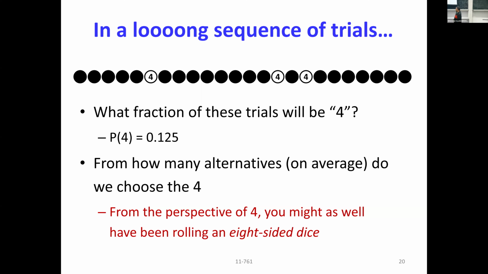and zeros, okay? So that's a Huffman code. But then here's the point. 4 occurs 1/8 of the time. From the perspective of 4, it's the outcome of an 8-sided dice, right? So let's say I'm sending a very large number, n, of outcomes. Then what is the expected number of 4s that I'm sending?